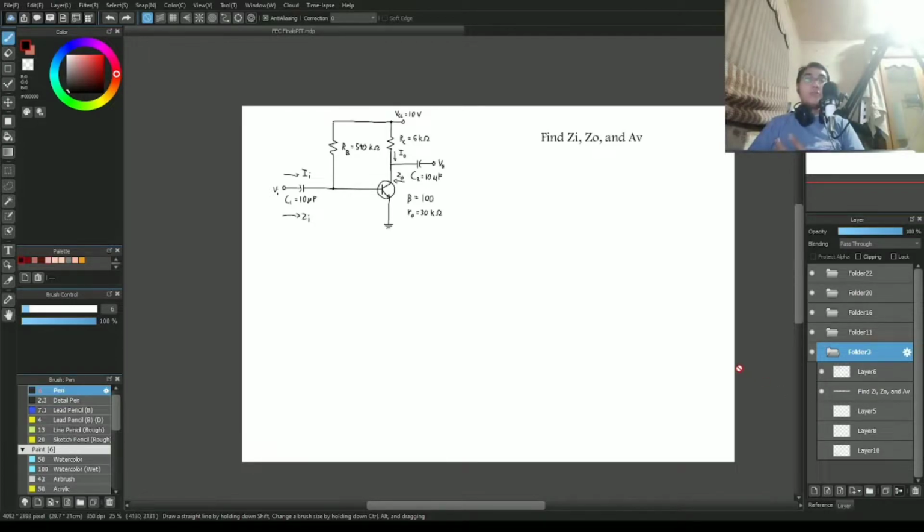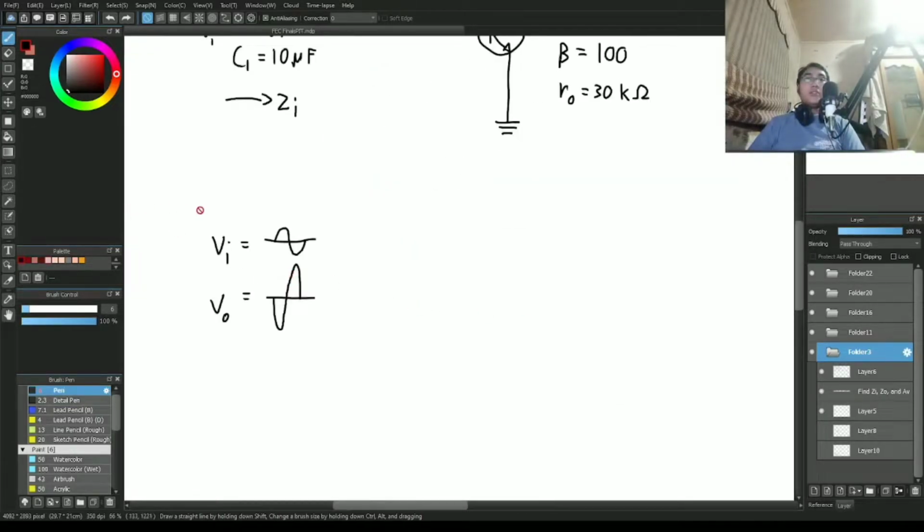First off, what we're trying to find are these three values: Zi, Zo, and Av. Now, first off, what should we expect? What should be the results? Expected results. See here, the input voltage should be like this, because of course, since we're using AC analysis, it should be a sine wave.